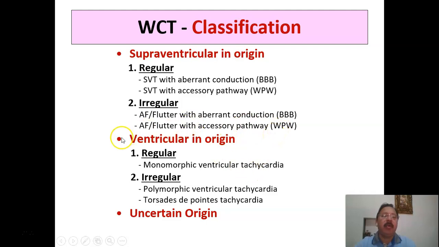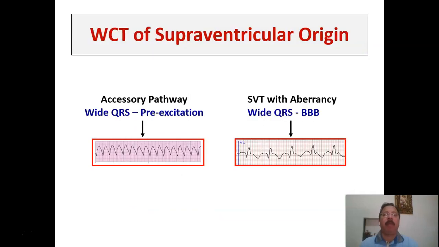On the other hand, the wide complex tachyarrhythmias can originate from the ventricles, in which case they may be regular or irregular. Regular are monomorphic ventricular tachycardias and irregular are polymorphic ventricular tachycardias or torsades de pointes. And sometimes, as I said, it's difficult to differentiate the source of origin of wide complex tachycardia.